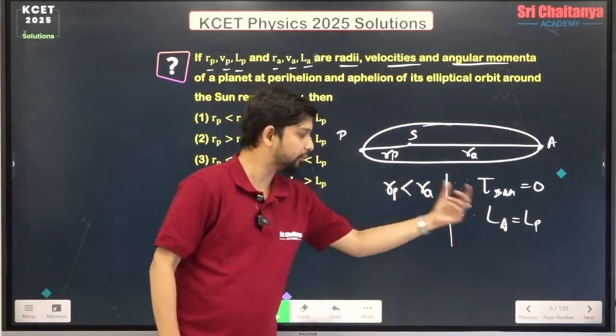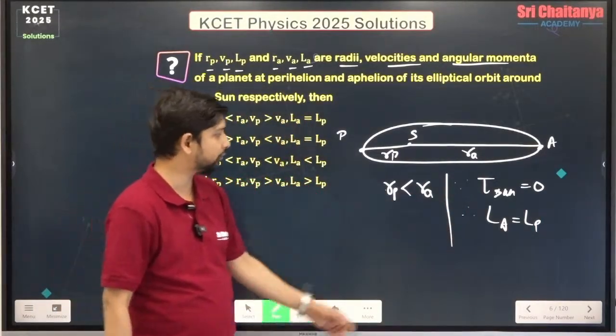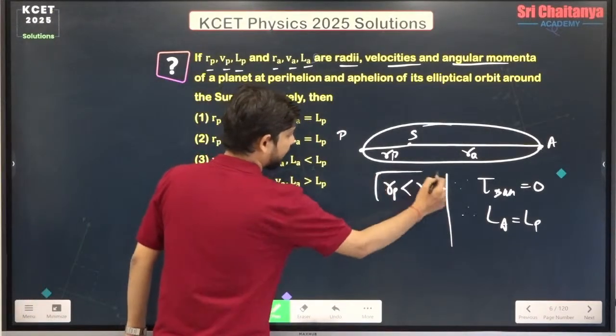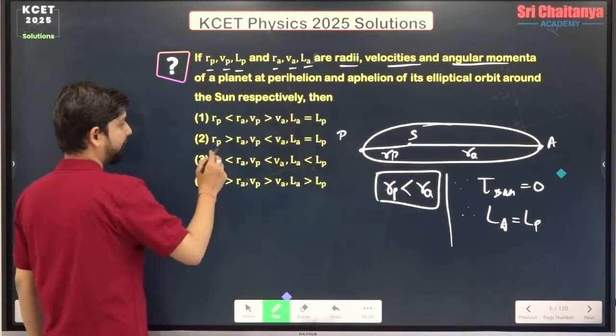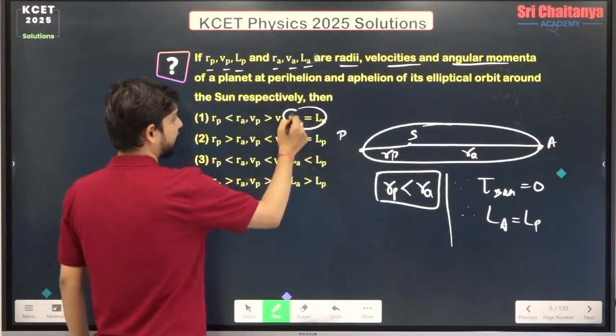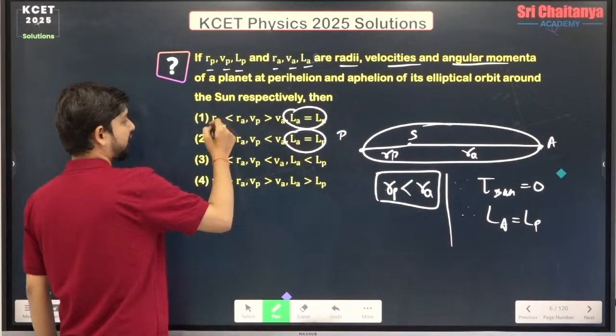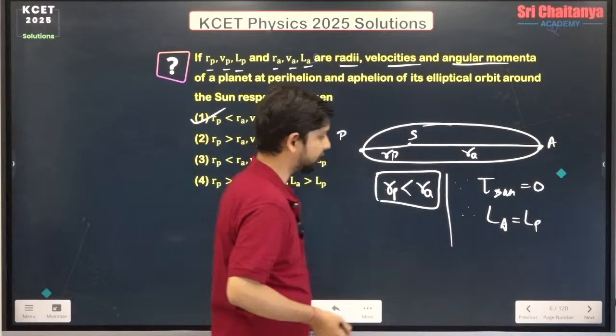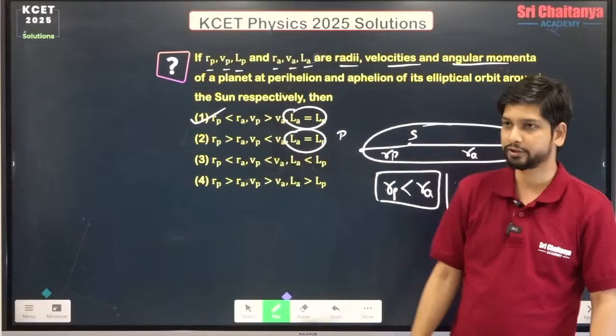So angular momentum at both points is going to be the same. This is clearly seen from the diagram. So RP is less than RA and LA should be equal to LP. So this will be our correct answer. We don't need to solve for the next part, the velocity part.